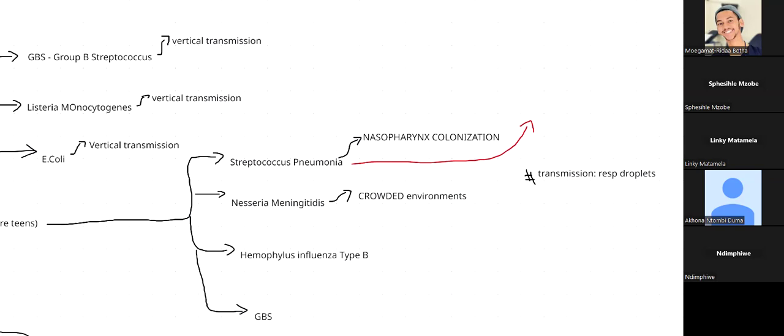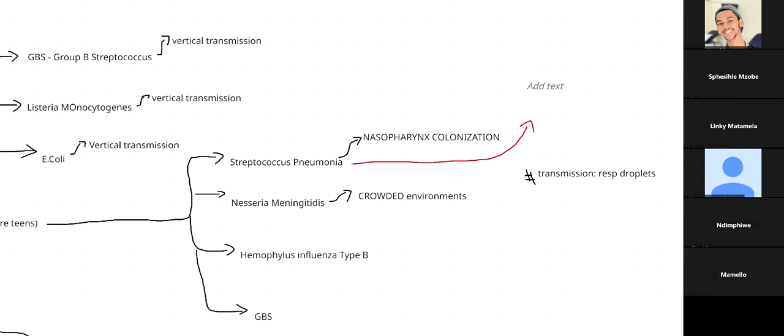If the patient is penicillin resistant, you can give IV ceftriaxone. If the patient is ceftriaxone resistant, your third line of treatment would be IV vancomycin plus ceftriaxone.